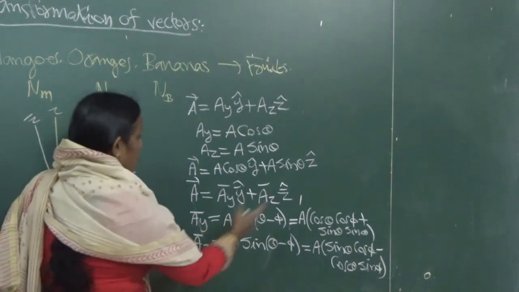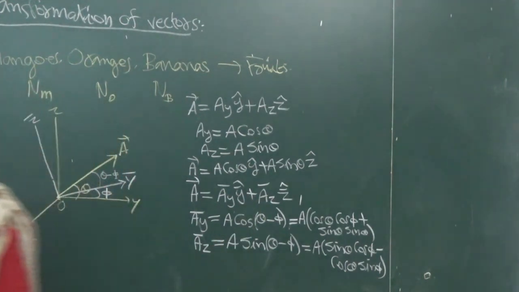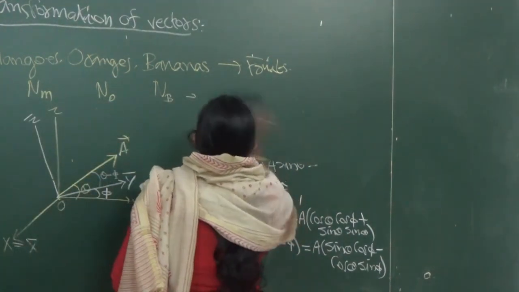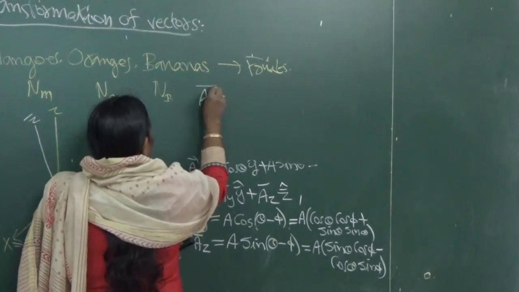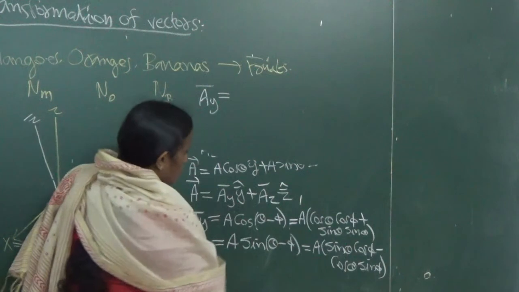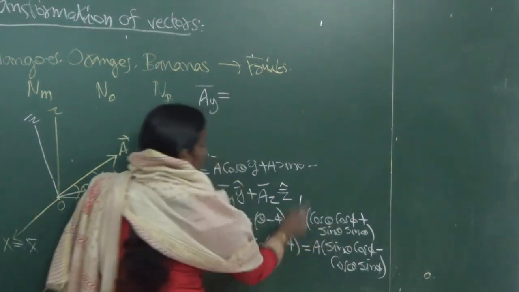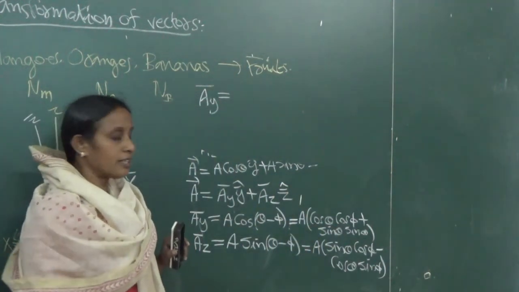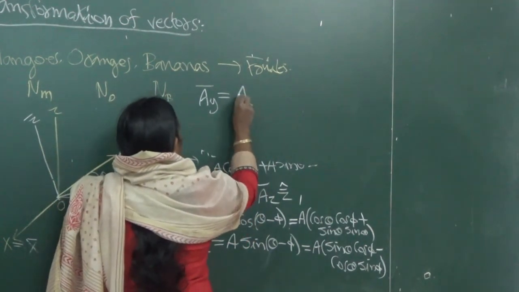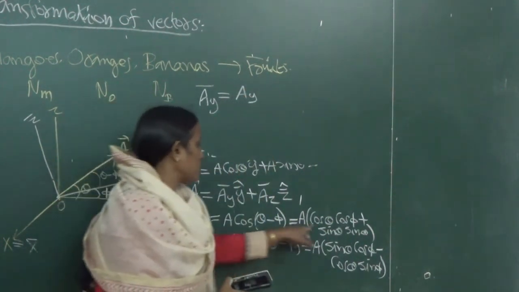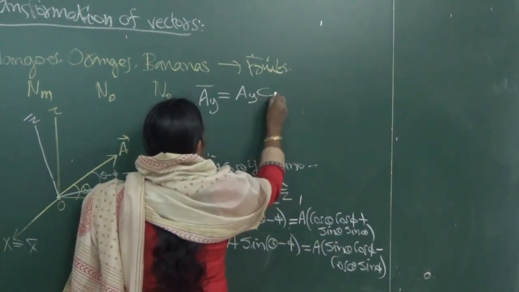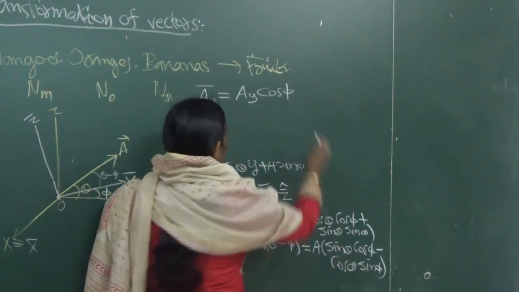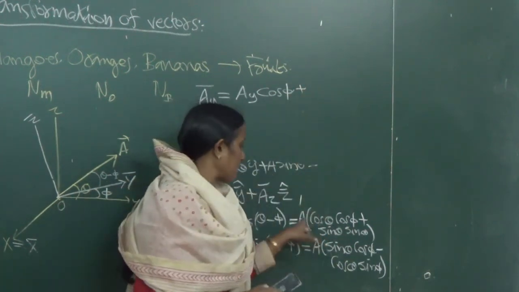So you can simplify this equation further. Ay bar equals A cos theta cos phi. What is A cos theta? We already found it. A cos theta represents ay, right? So ay cos phi, plus, what about A sin theta?